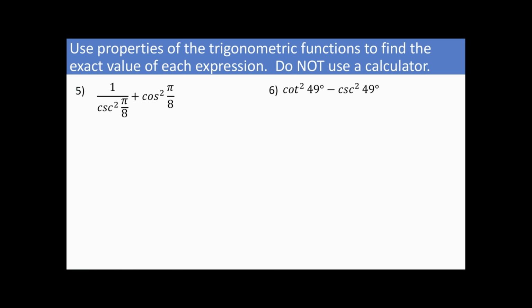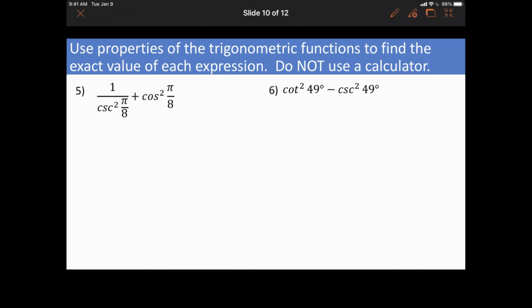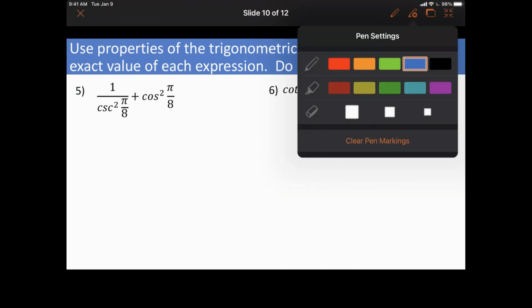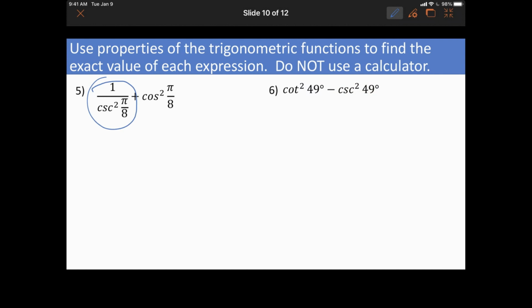All right, so let's look at this one. Let's look at our properties. It has squared, and squared to me is a sign that I may have to use a Pythagorean identity at some point. But I have a fraction in the first term. Is there a way I can rewrite that? 1 over cosecant, its reciprocal, would be sine squared.